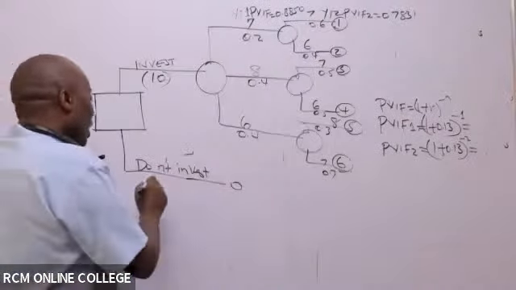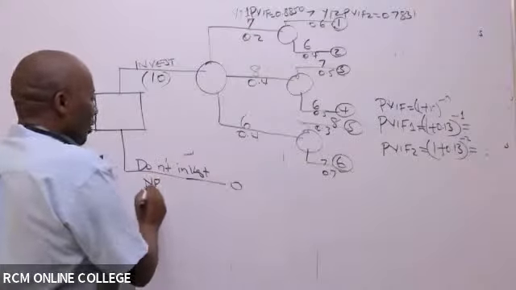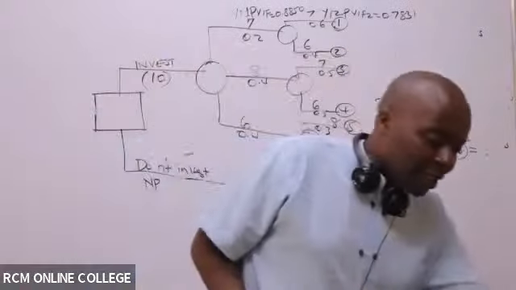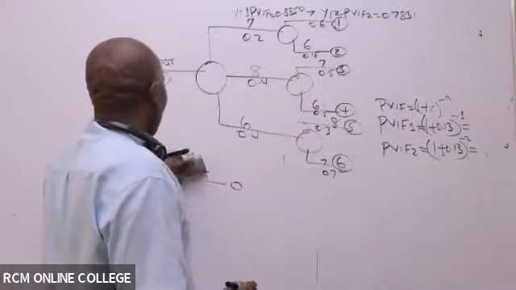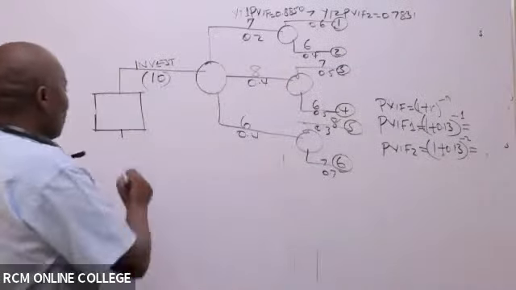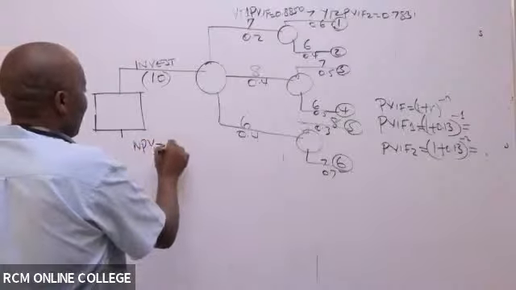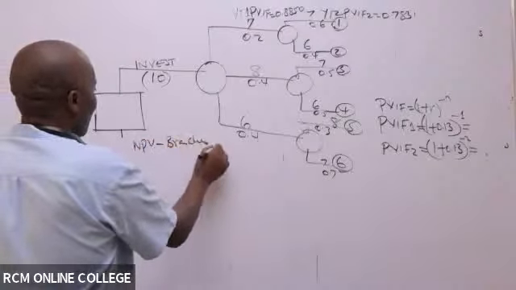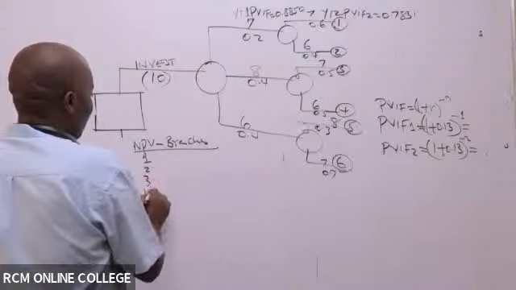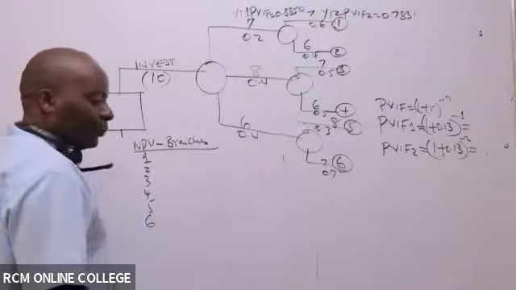So step number 1, give us the net present value for each of the branches. There are 6: 1, 2, 3, 4, 5, 6.